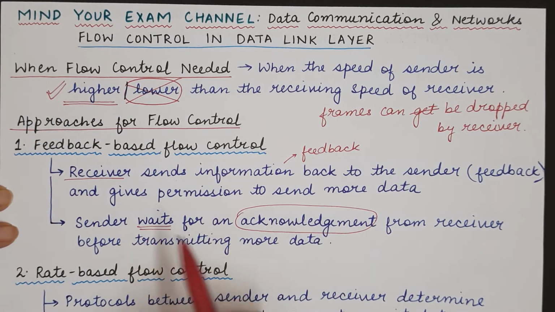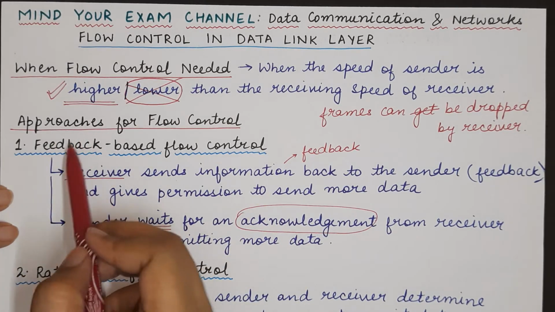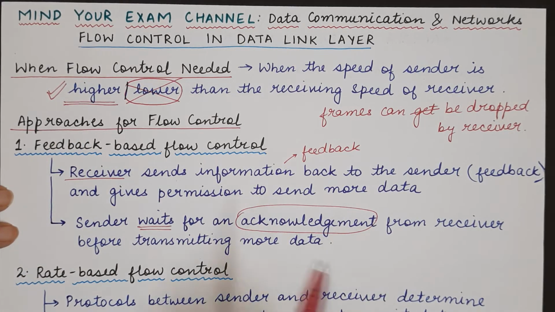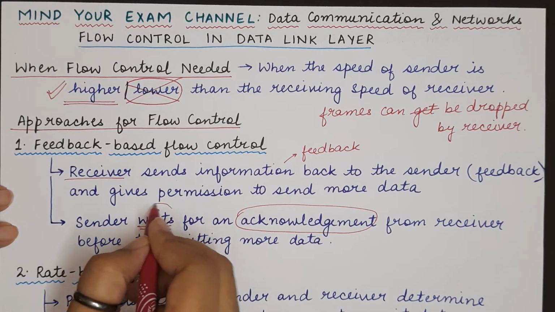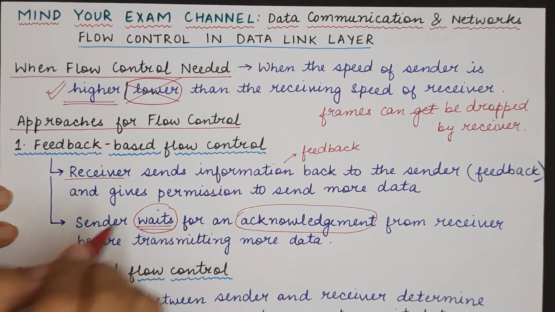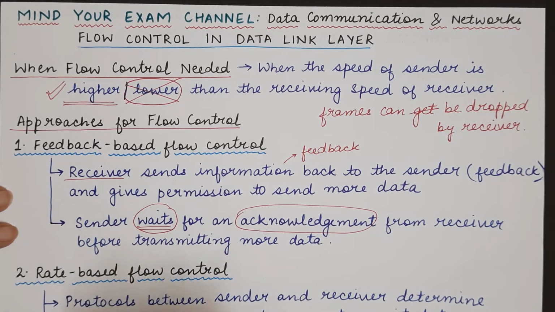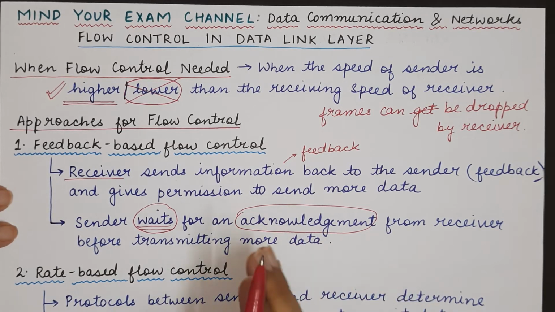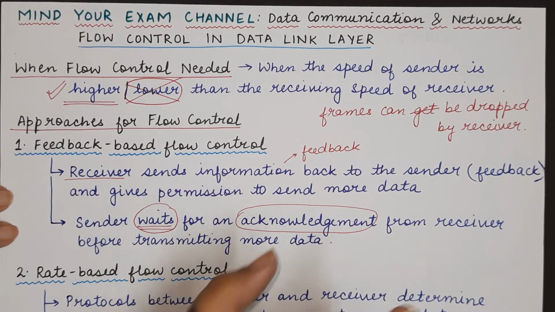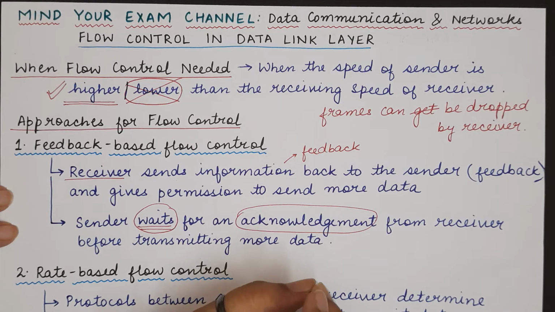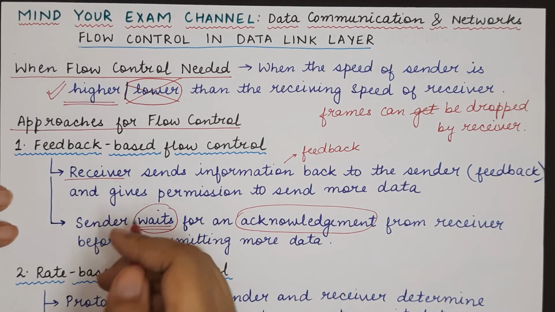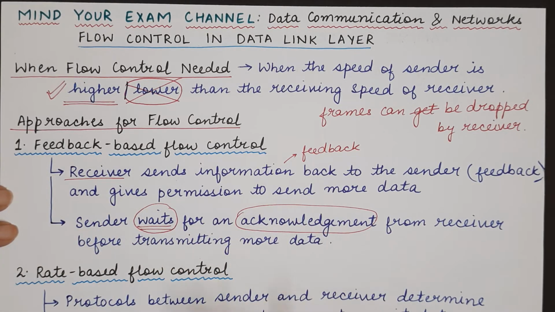So we refer to this feedback as an acknowledgement from the receiver, and the sender has to stop and wait until it receives the acknowledgement for the previous frames. As soon as the acknowledgement is received, the sender starts sending more data.